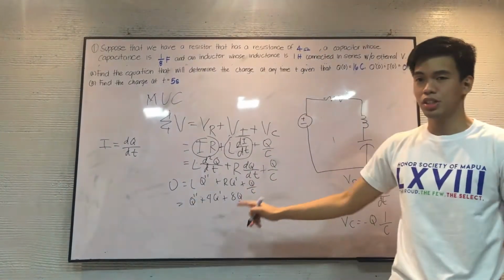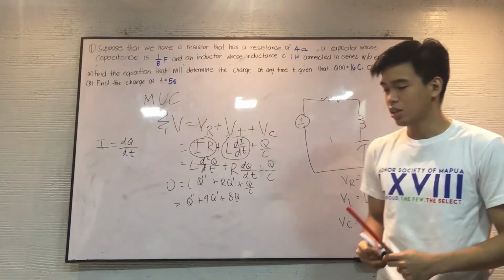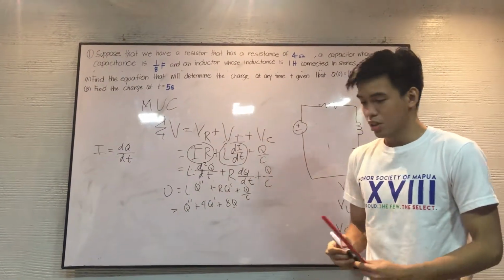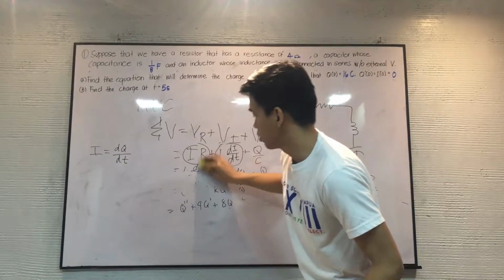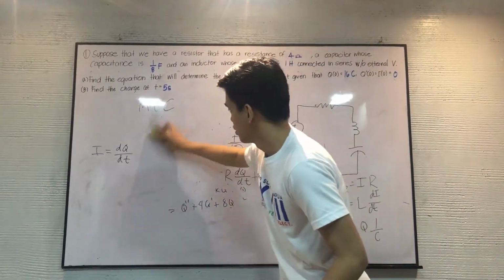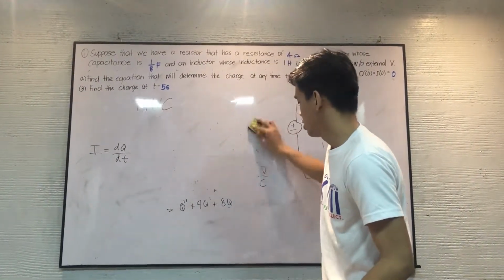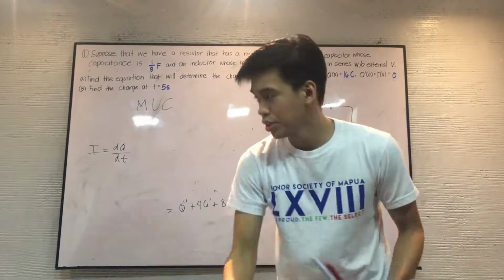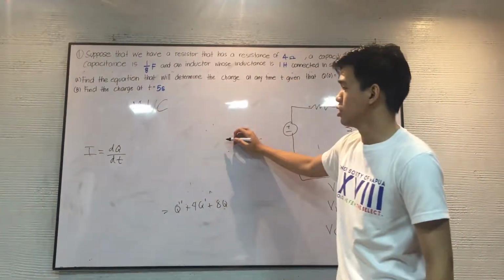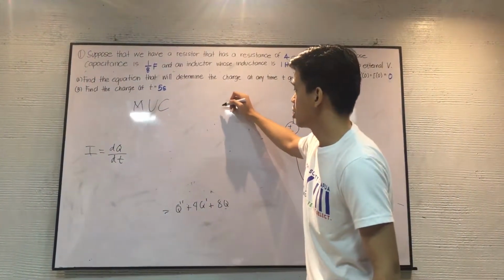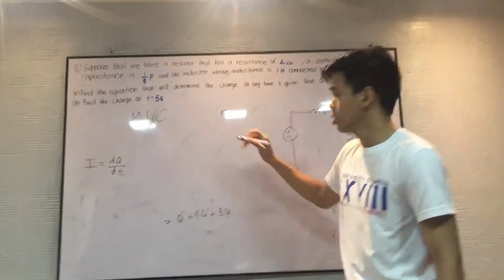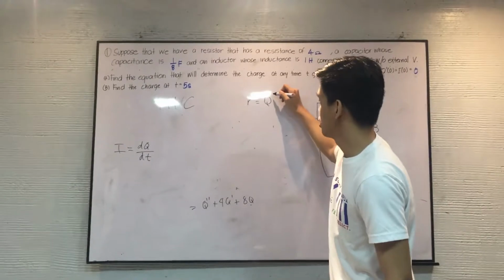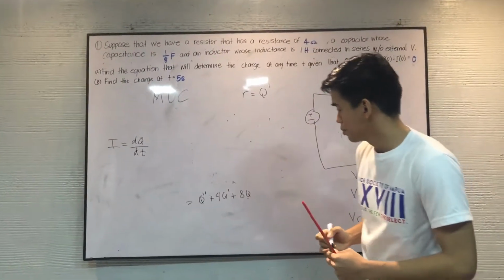Now we can solve this using the method of undetermined coefficients. Our first step here is to convert this into its characteristic equation. With the characteristic equation, we substitute r, where r corresponds to the derivative of a function.